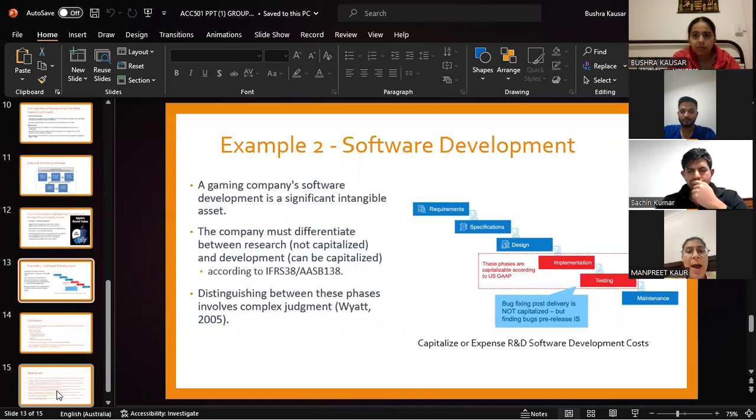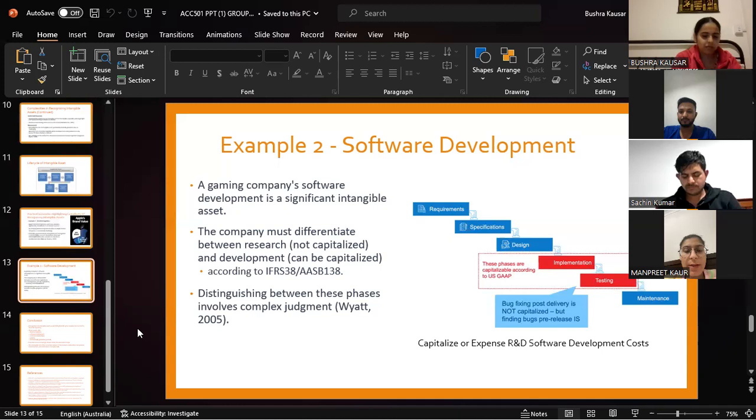According to IFRS 38 slash AASB 138, the company must differentiate between research costs, incurred in the research for new knowledge, and development, the application of research findings to a plan or design for new or substantially improved materials, devices, products, processes or services before commercial production or use.